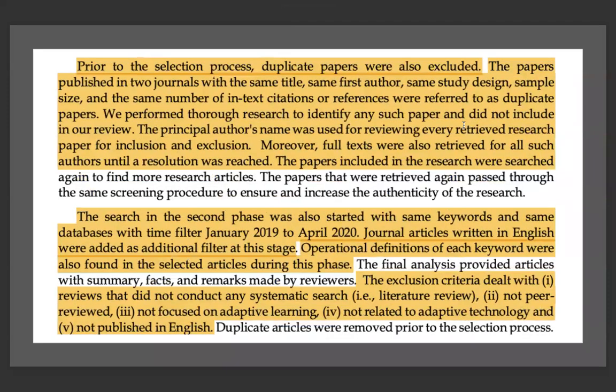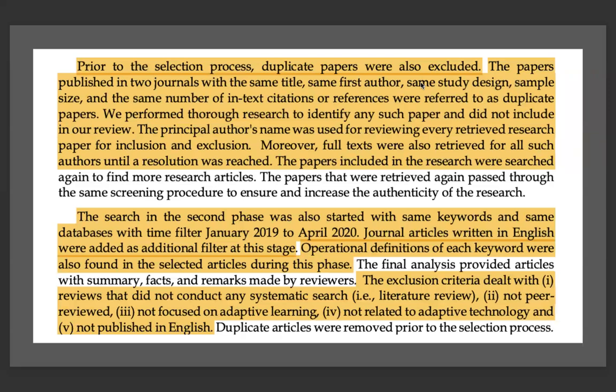Prior to the selection process, the duplicate papers were excluded. Papers published in two journals with the same title, same author, same study design, sample size, and the same number of in-text citations or references were referred to as duplicate papers.